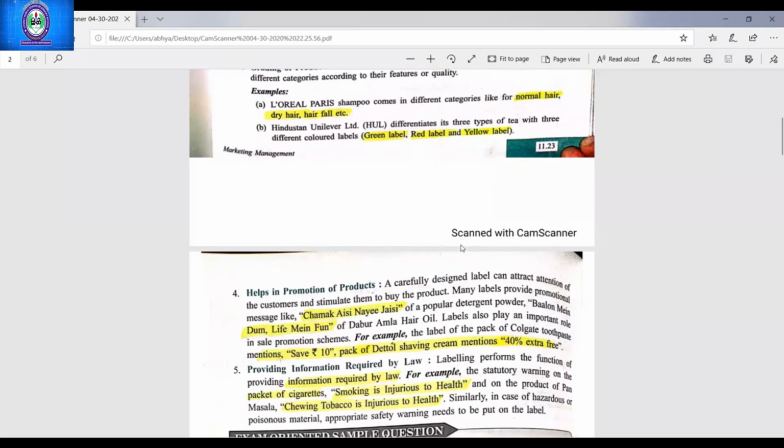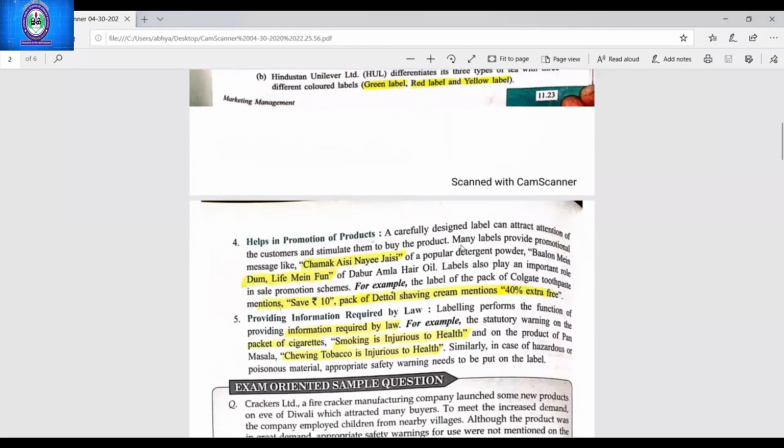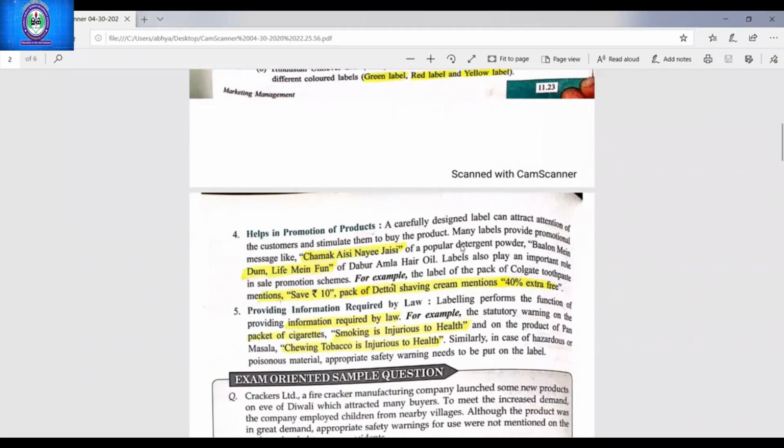The last important function of labeling is providing information required by law. On most products, it is mandatory to put a label, especially if the products are edible products or beverages, which can be a danger to our health, or cosmetics, which can damage our life or health. On such products, it is mandatory by law to put a label, like on all cosmetic products, toothpaste, FMCG products, or all medicines.